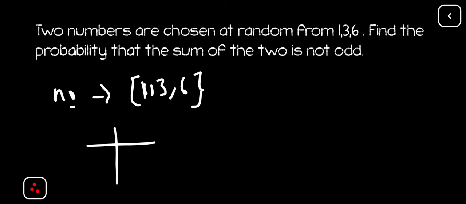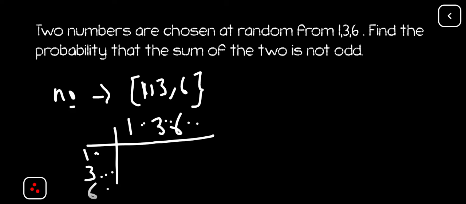So we're going to put it in a tabular form. It's going to be something like this: 1, 3, and 6, 1, 3, and 6. The two numbers you could pick could be 1 and 1, 1 and 3, or 1 and 6, and then you sum them to see if they are odd or not. It could also be 3 and 1, 3 and 3, 3 and 6, 6 and 1, 6 and 3, 6 and 6.